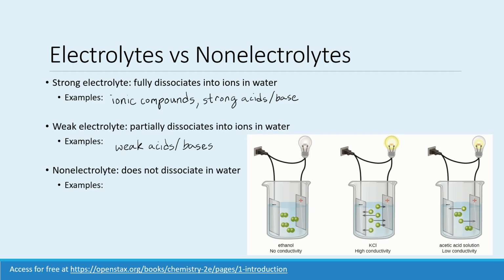And then a non-electrolyte is not going to disassociate in water at all. So examples of these are going to be your sugars, right? And remember, sugar compounds are going to contain some number of carbons, twice the number of hydrogens most of the time, and the same number of oxygens as they have carbons. So you'll have some combination of C, H, and O.